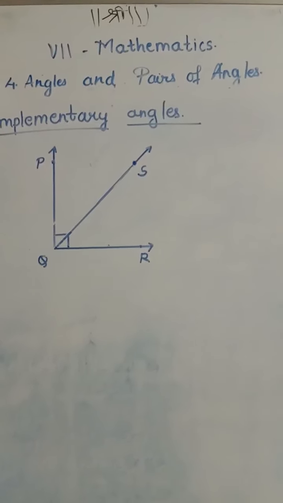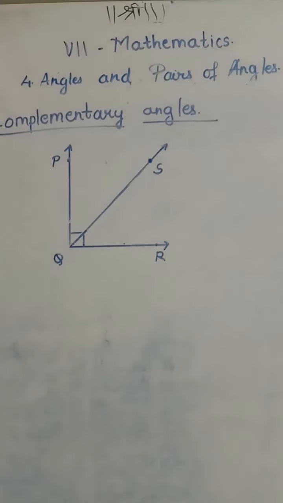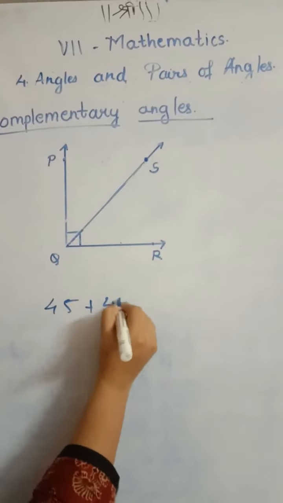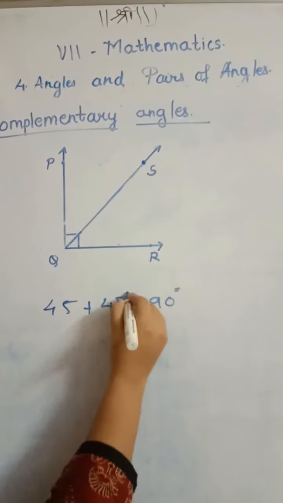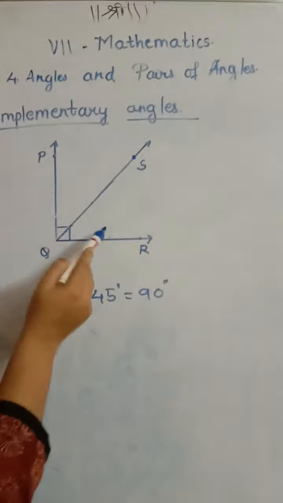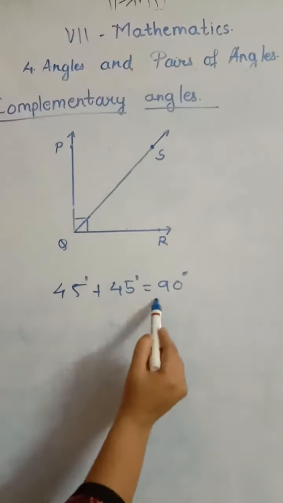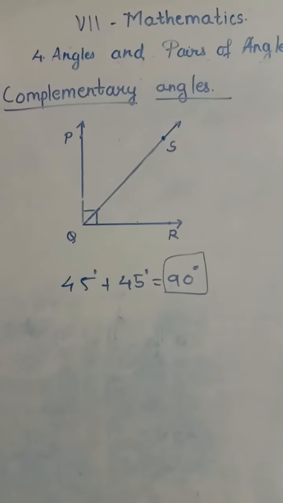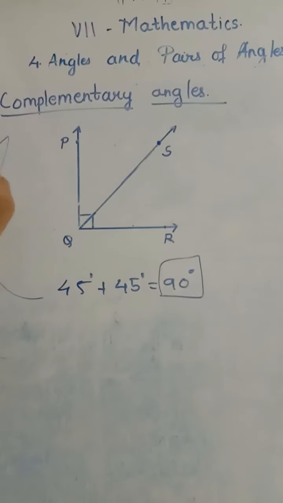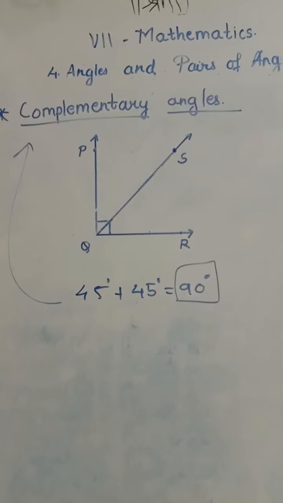Now if I add 45 plus 45, what will be its measure? 45 plus 45 will give me 90 degree. So whenever you add two angles and you get the measure as 90 degree, then such a pair of angles are called complementary angles.